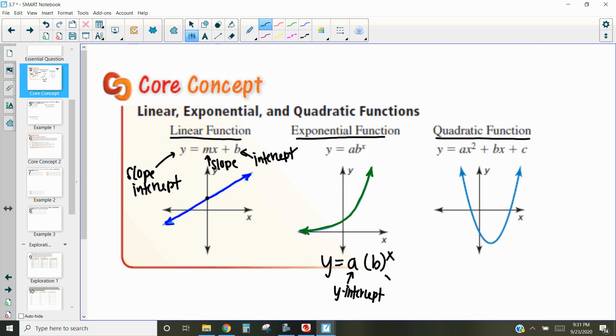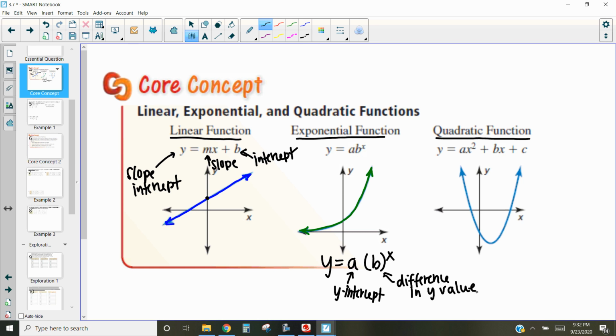And then this b tells us how much of a growth or a decay we have. What's our exponential that we're looking at here? This is going to be the difference in our y values, and that difference in y values is going to be multiplied.